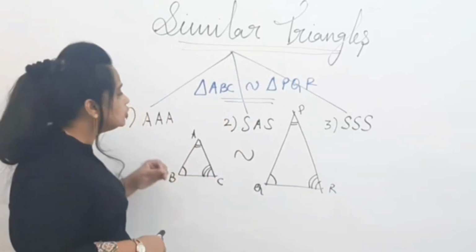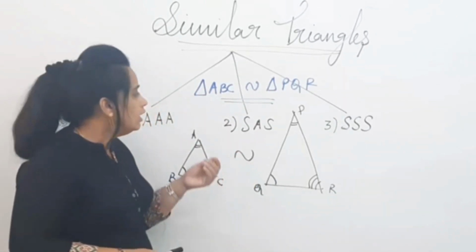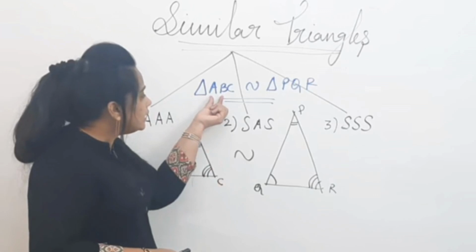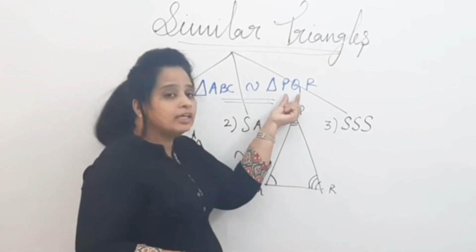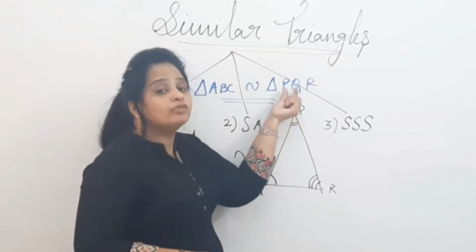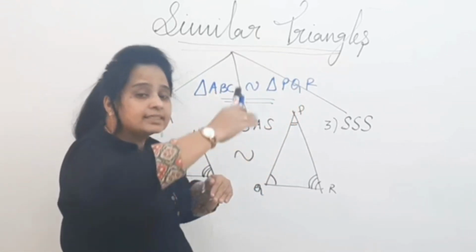Now, I would like to tell you what corresponding sides mean. The first two letters of the first triangle will be proportional to the first two letters of the second triangle. Two letters means it's a side.